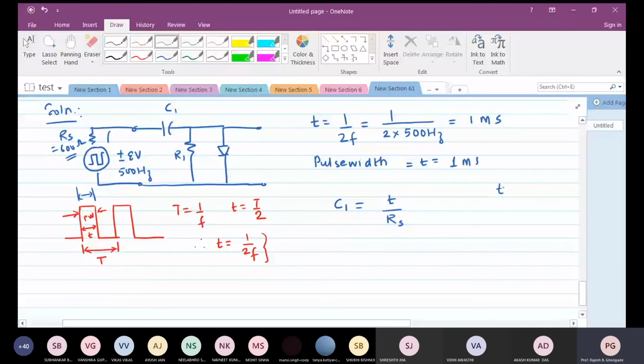Do you remember this T equal to RC? From there, I can say capacitor C1 is T by RS. So this turns out to be 1 millisecond over 600 ohms. What do I get? Calculate this.